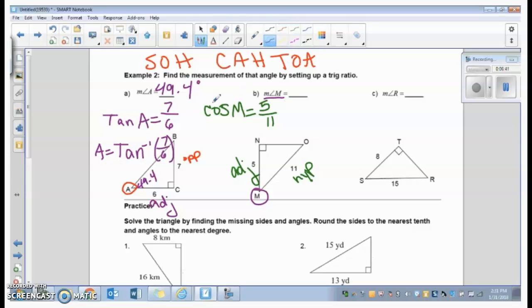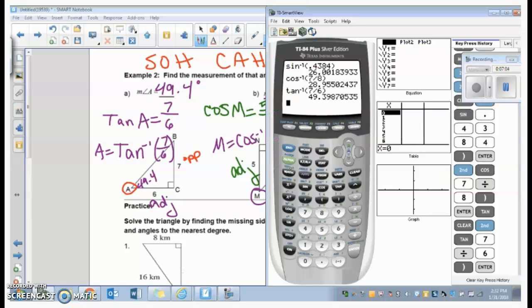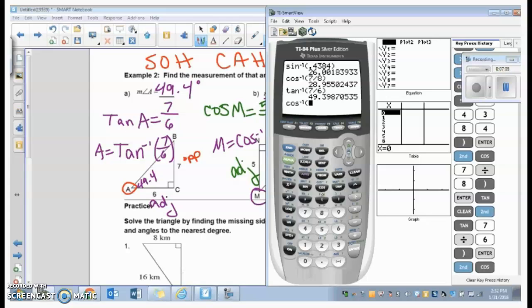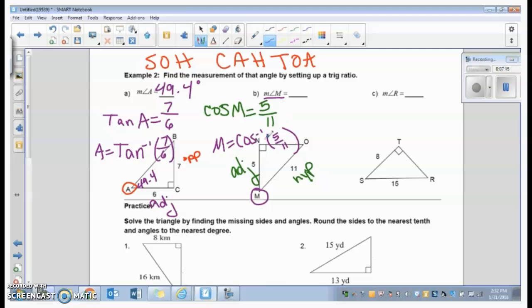Then I pull out my calculator, and I'm going to say that m equals the inverse cosine of 5 over 11.